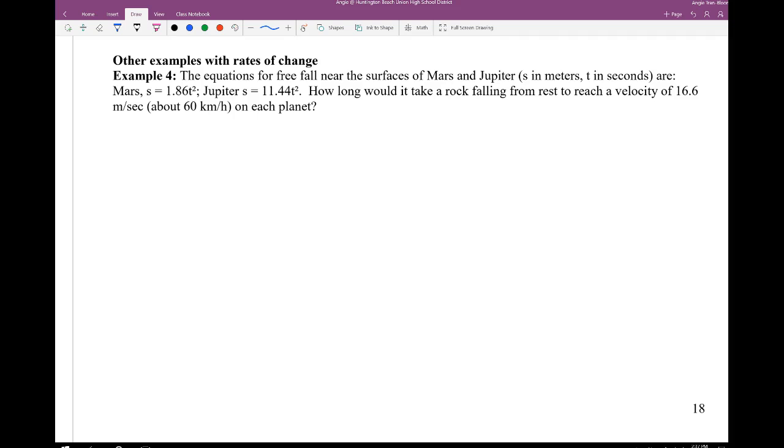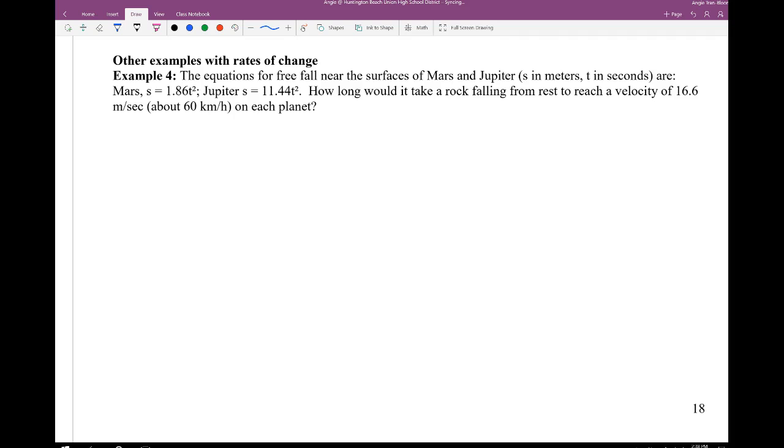Example 4. The equations for free fall near the surfaces of Mars and Jupiter, S in meters, so position in meters, and T in seconds, are: Mars, the position is 1.86 t squared, and Jupiter's position is 11.44 t squared.